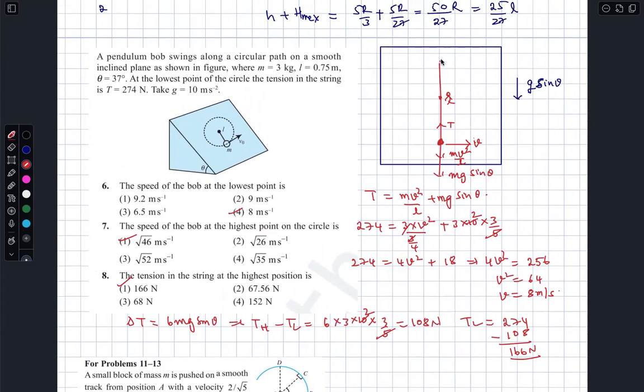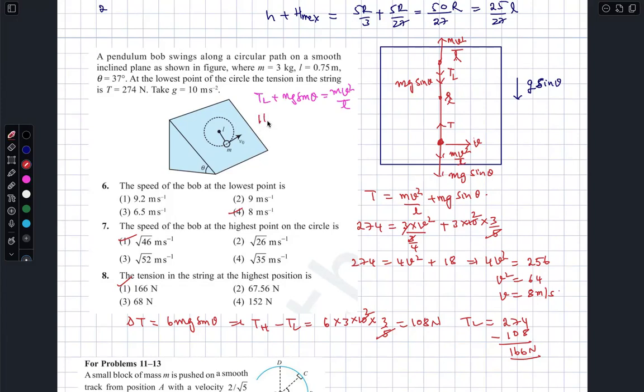At this point you have tension low, and this is mg sin theta, and this is mv square by r or L. I'll change the color to avoid confusion. T low plus mg sin theta is mv square by L.